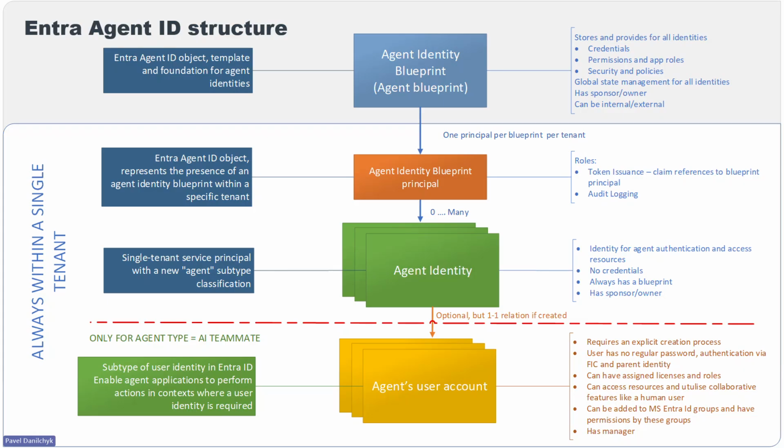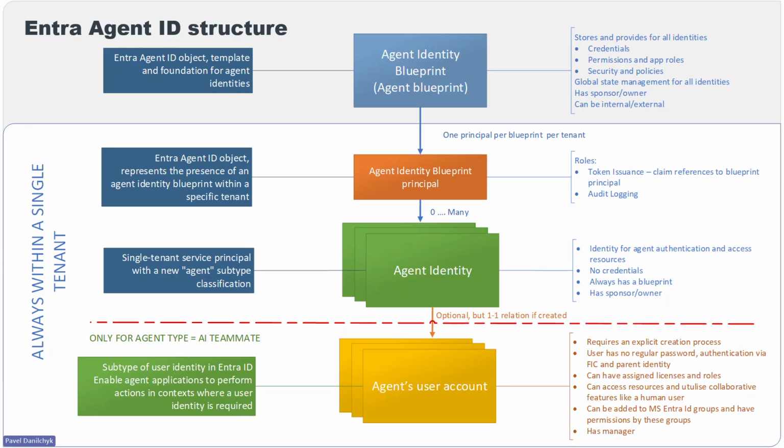This agent identity, this service principal, is responsible for the authentication and authorization in our agent. Our agent uses this identity and federated credentials, and on behalf of this identity goes to the blueprint, and using the blueprint credentials goes to our resources.